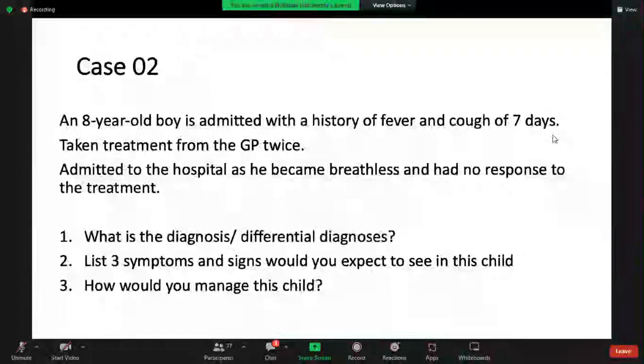Okay, so what are the other organisms? I agree, this is a community-acquired pneumonia. Do you all agree? This baby came from home. So you said one organism is mycoplasma. What are the other causative organisms for community-acquired pneumonia in this age group, other than mycoplasma? Streptococcus pneumoniae. Yes, very good. The other common one is strep pneumoniae.